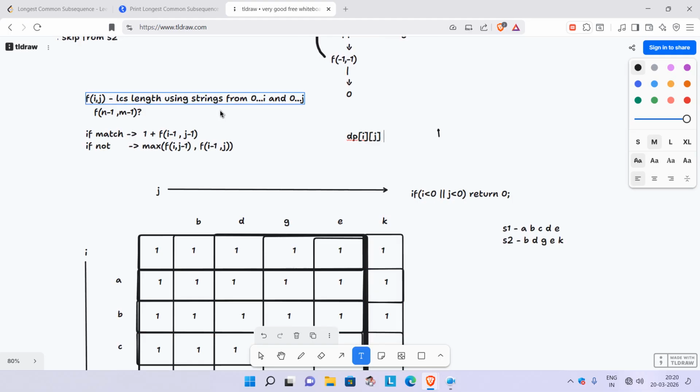This is the length of the LCS of s1, where s1 goes from index 0 to i, and similarly for the s2 string up to its index j. Wait a second, this is for j minus 1.